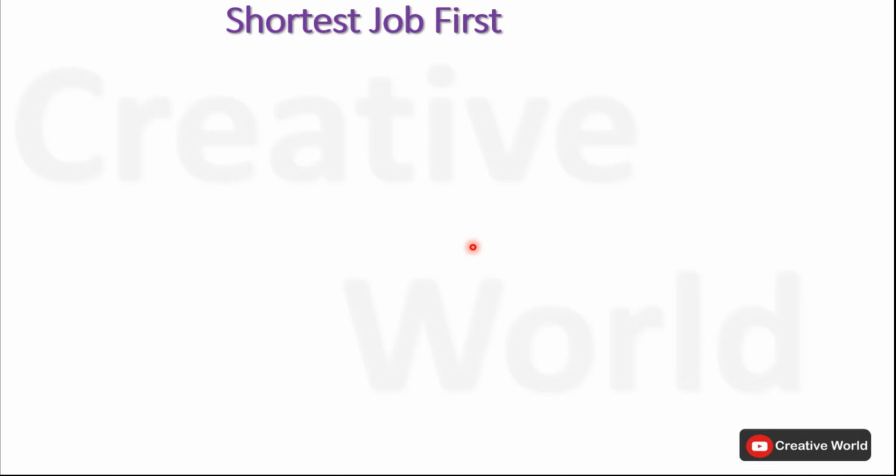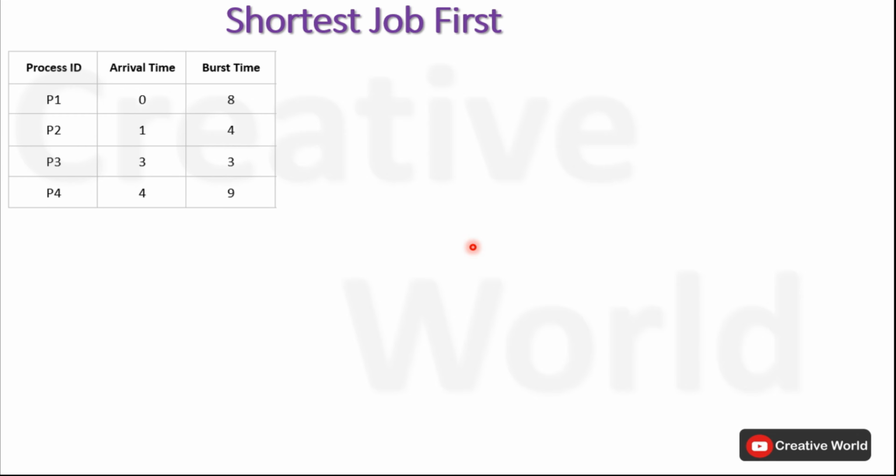So we will discuss this algorithm with the help of an example. Now we have some processes from P1 to P4. Their arrival times are given and their burst times are also given. And we have to implement the shortest job first non-preemptive algorithm on this example to calculate their waiting time, completion time, and turnaround time.